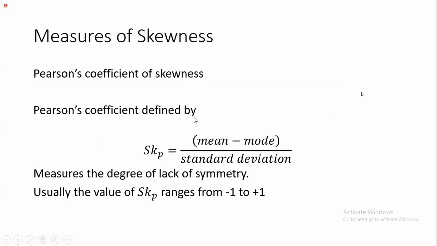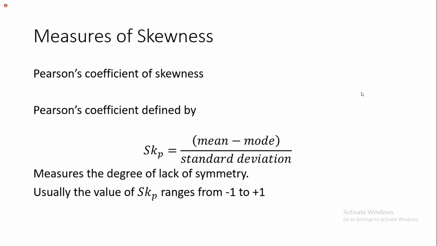In that case, mean minus mode equals 0. If the distribution is symmetric, mean and mode are the same. Therefore, mean minus mode becomes 0, and SKP is going to be 0 for a symmetric distribution.